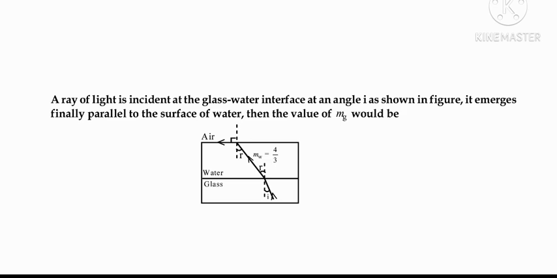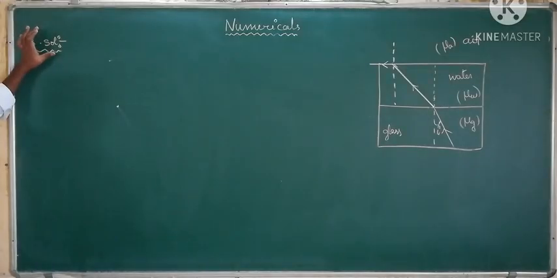A ray of light is incident on the glass water interface at an angle I as shown in the figure. It emerges finally parallel to the surface of water. Then the value of refractive index of the glass slab would be, this we need to get.